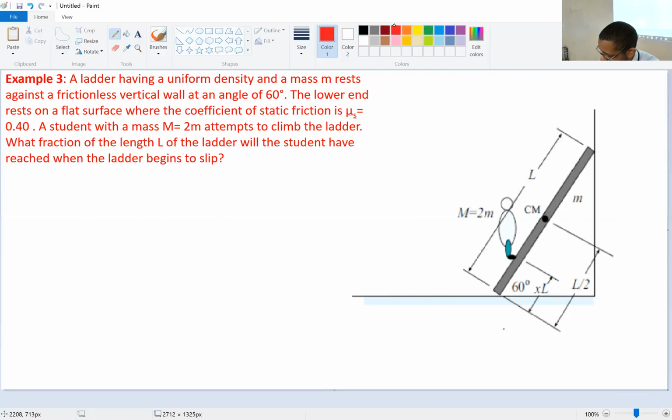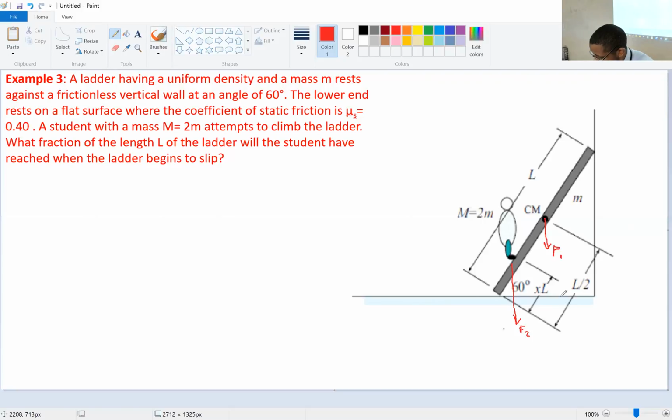So just to label the forces, we have the weight of the ladder, and that's going to be right here at the center of its mass, which is already labeled for us. Let me go ahead and call that force 1. Then we have his force, so we'll call that force 2.